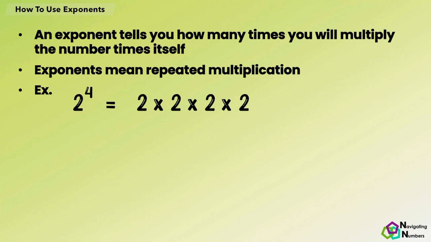And that's pretty straightforward. That's just multiplication. So you have 2 times 2, that gives you 4, and then 2 times 2 is 4. So if we multiply those together, we get 2 to the 4th power is equal to 16.